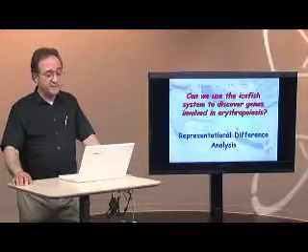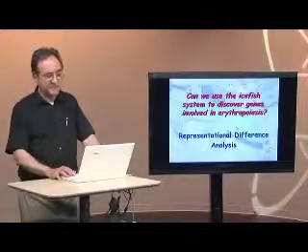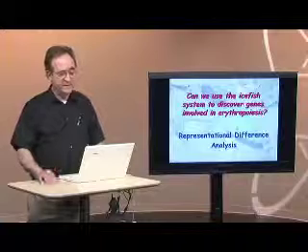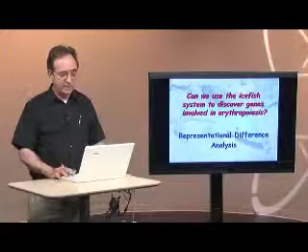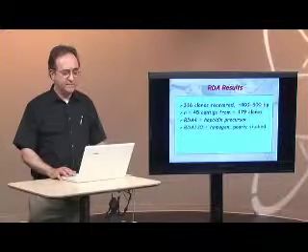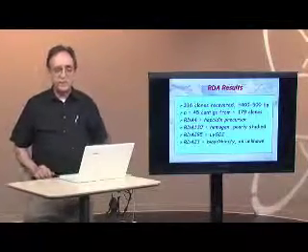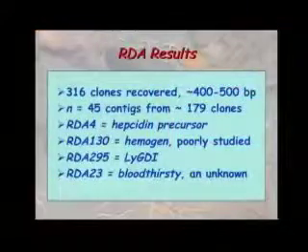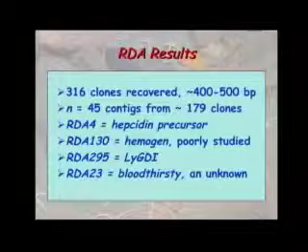We used a technique in 2000 called representational difference analysis. This technique is way out of date now, but it allowed us to clone a number of genes, and I'll talk about some of them here, by essentially putting DNA from the icefish, which doesn't make red blood cells, together with DNA from a red cell making fish.